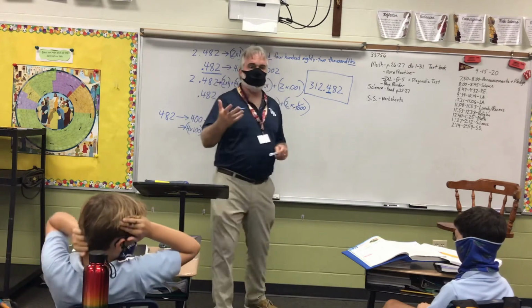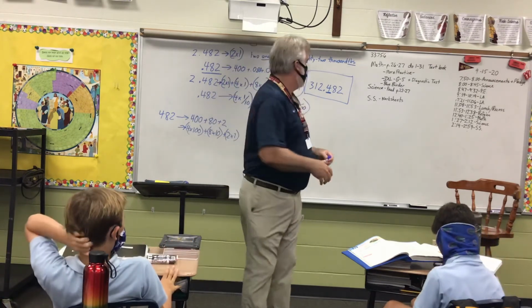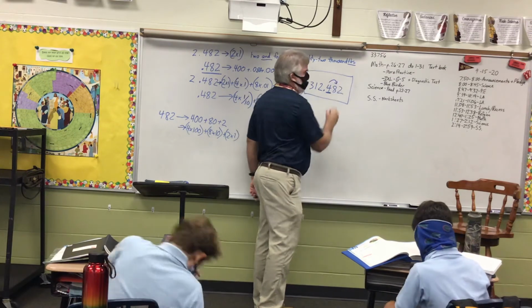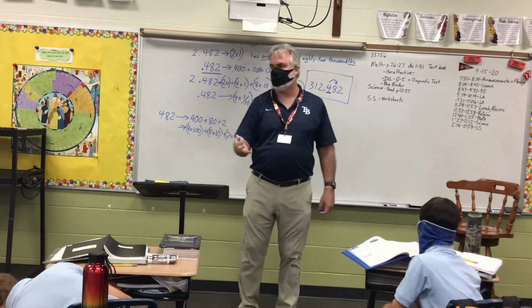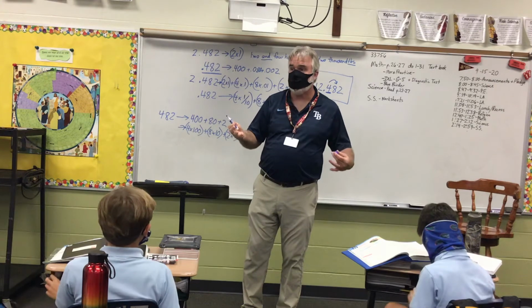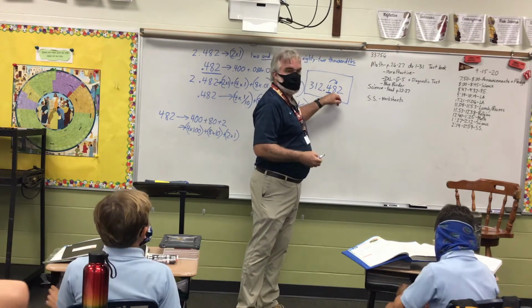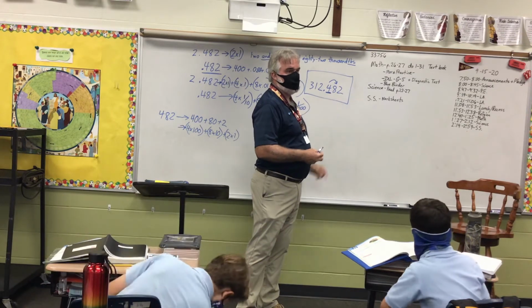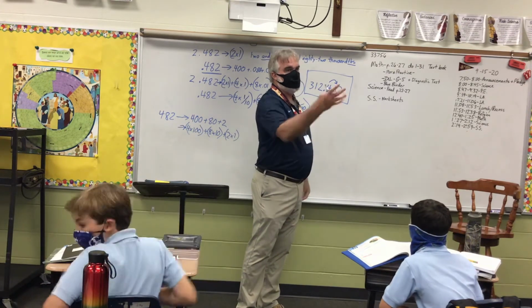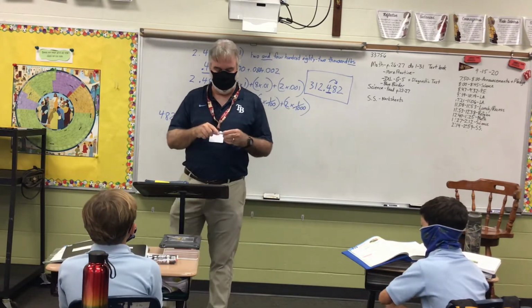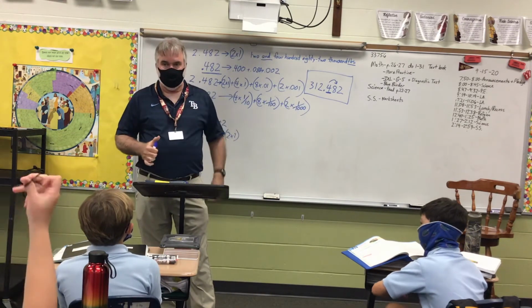So in other words, what it's asking you is you start here, what's the place after it? What's the next place to the right? That's 1/10. So if it says the hundreds, what's 1/10 of the hundreds? Thousands. The next one over. That's my rule. Okay? That's my rule, guys.